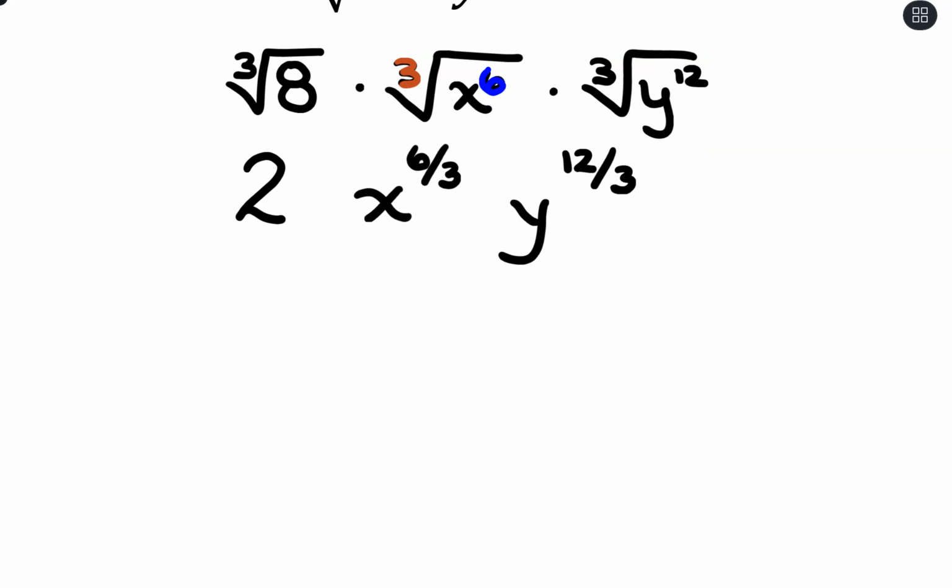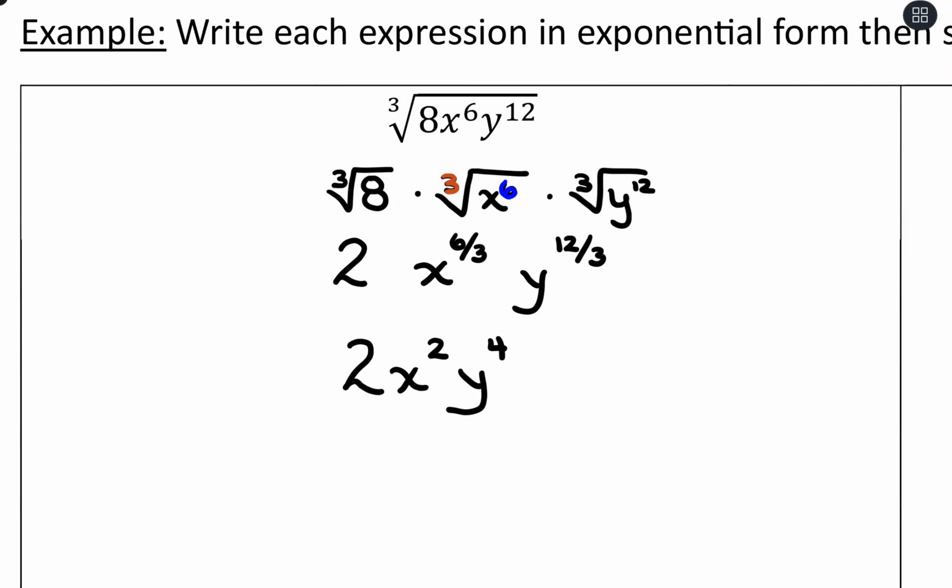So always dividing by that index. And then we can simplify those fractions. So that would be 2x, 6 divided by 3 is a 2. Y to the 12 divided by 3, which is 4. So we can simplify fractions in these exponents just as we would with other arithmetic.